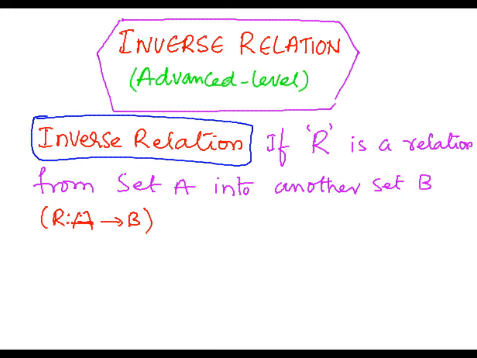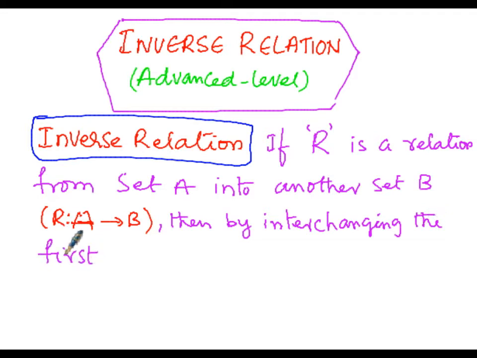Then by interchanging the first and second coordinates, say if x comma y belongs to R, then we write it as y comma x, by interchanging the coordinates: x in place of y and y in place of x.